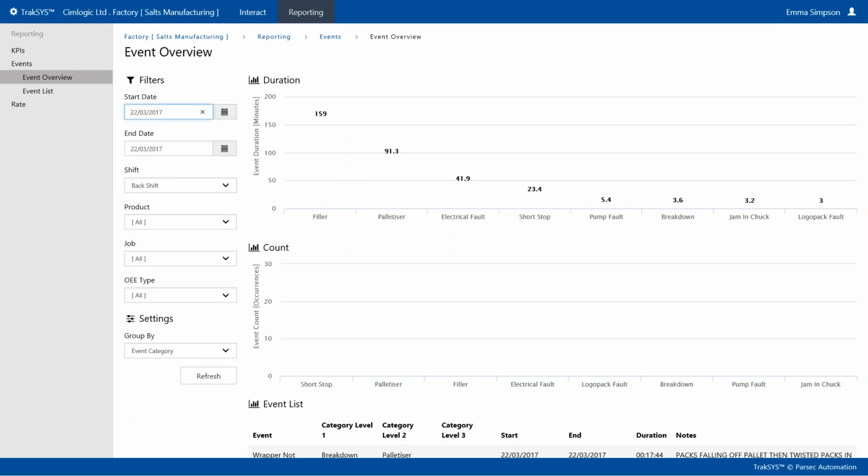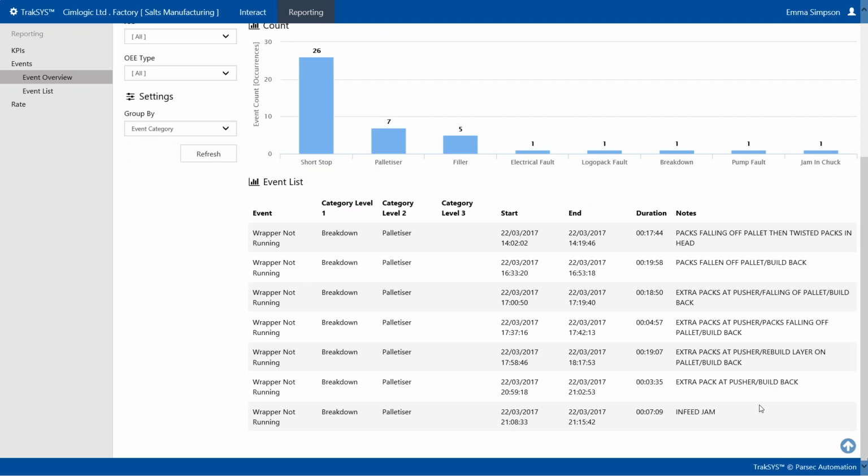Let's analyze what that problem on the palletizer was. We had several stops on the palletizer, and the latest one was at 9 with an infeed jam. I wonder if that might have caused it, because in this case the machine is right before the palletizer.